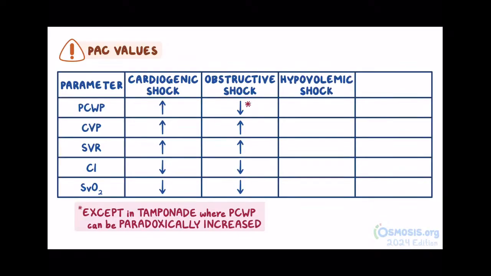In hypovolemic shock, your PAC values will reveal a decreased PCWP and CVP, increased SVR, and decreased CI and SvO2.